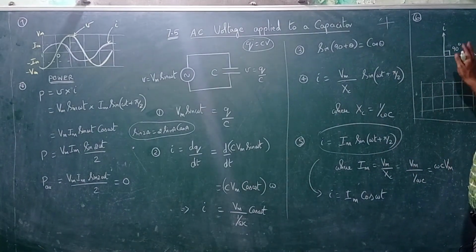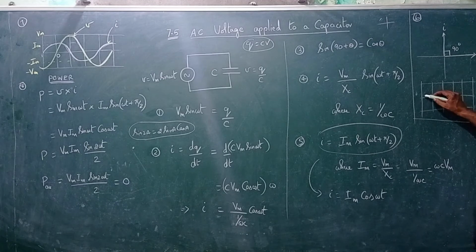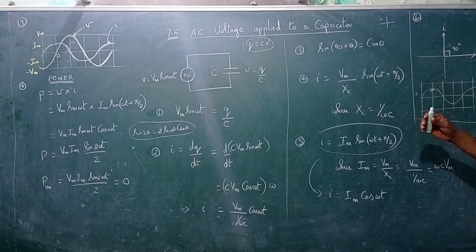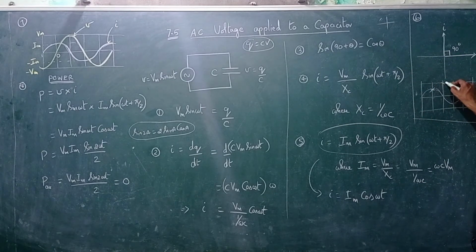That means voltage is lagging. So first you draw the current, okay. This is current. The current maximum is here, okay. Now the voltage is lagging by 90 degree. So voltage will come here, maximum. So the graph goes like this.